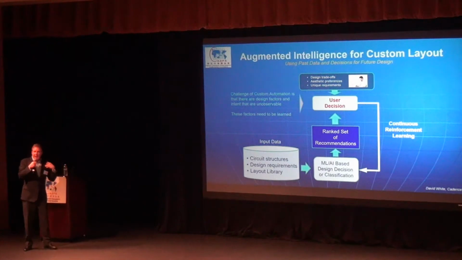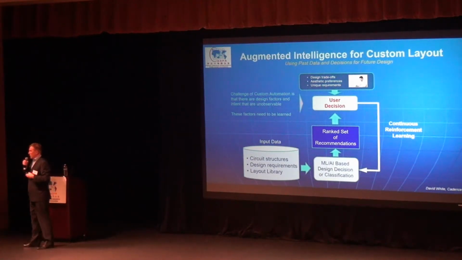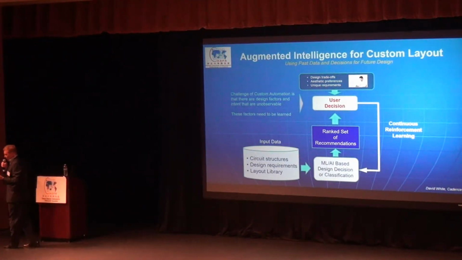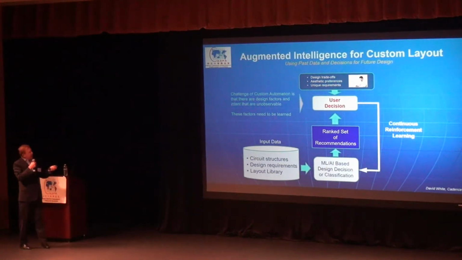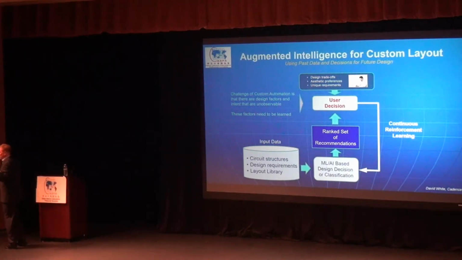These are all things we cannot observe in our software, which means that when we make our recommendations, there will be times that they will need to be updated or adapted, because as the designer chooses among our recommendations, we're going to learn using reinforcement learning and train our models to better recommend, in this example, placement and routing topologies in the future.